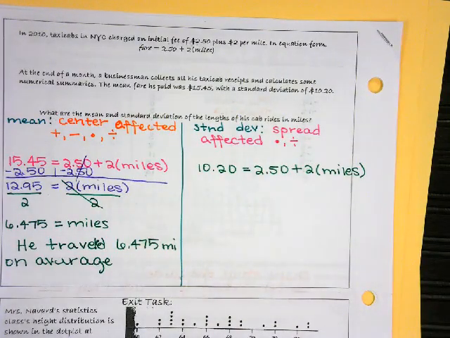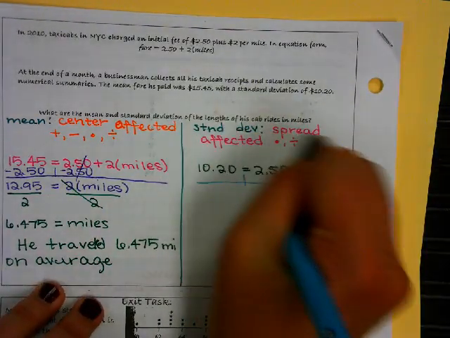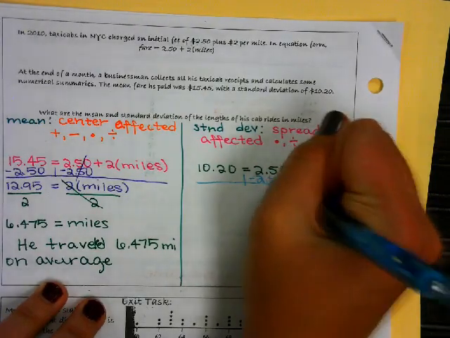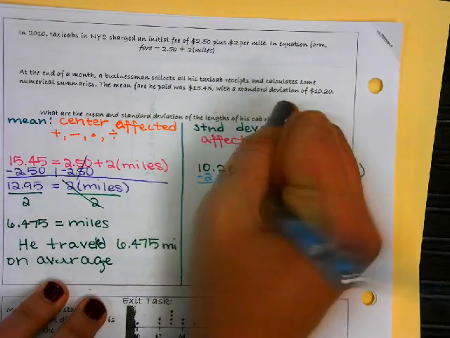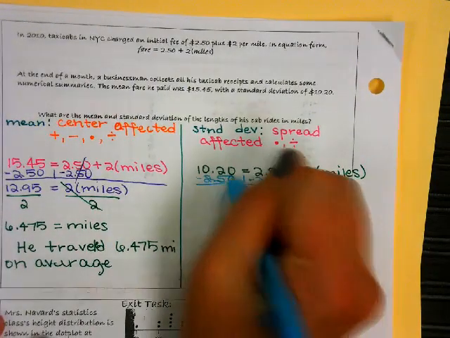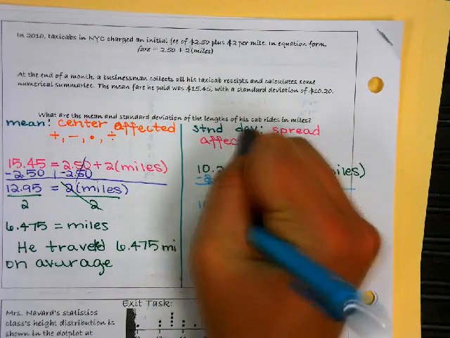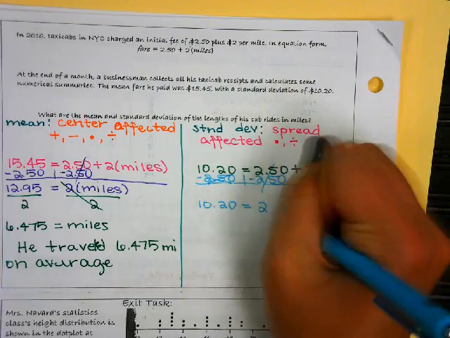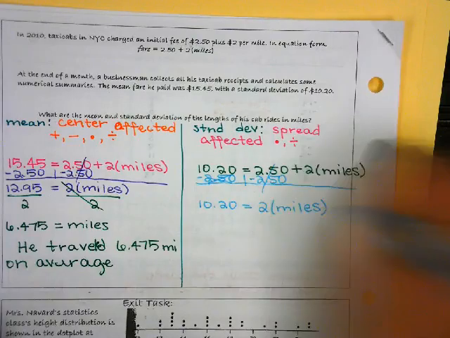But measures of spread, like standard deviation, don't get affected by subtraction. So we break the laws of algebra and we don't do this. And we just leave it as 1020. It's illegal in algebra class. It's very legal in statistics class when you're working with measures of spread.